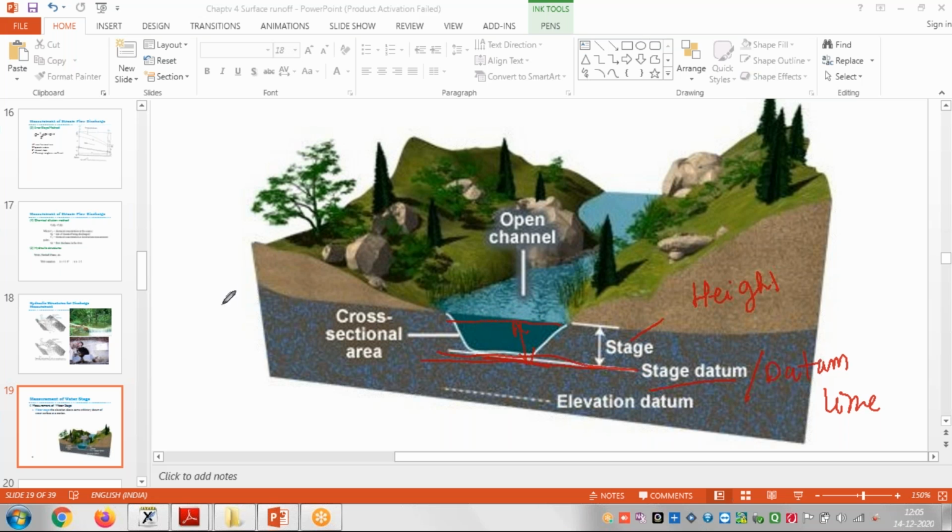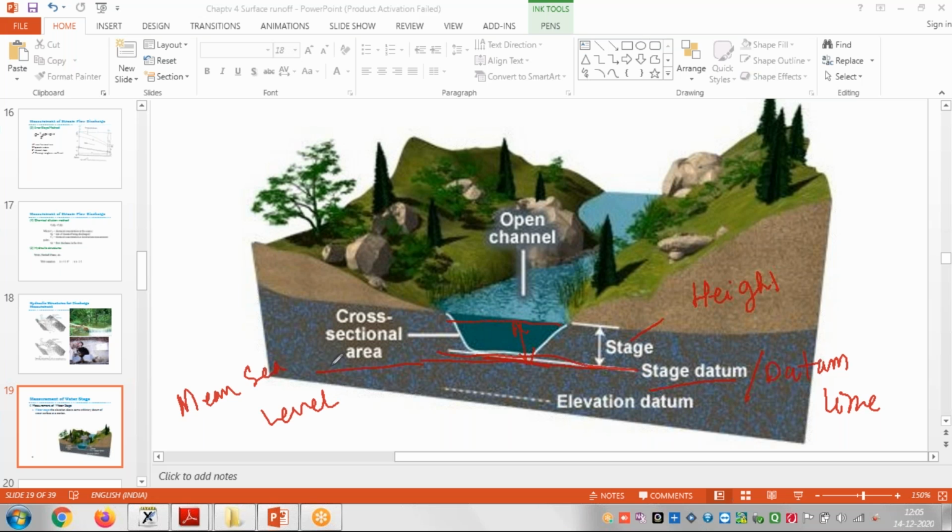So generally what happens, when a flood occurs, we cannot measure how much quantity of water is flowing, right? So generally, suppose this is the river. First you understand this. What is the stage? Stage is the height from the datum level, and this datum level is mean sea level.